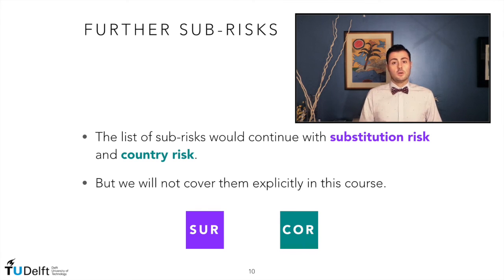Country risk is the risk related to a counterparty that is a non-resident counterparty, a counterparty in another country, and it is the risk related to the impossibility of our counterparty to meet its obligations because of events of political and legislative nature. We will not cover these 2 sub-risks in detail.